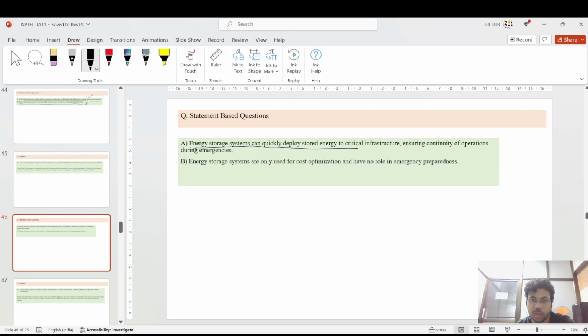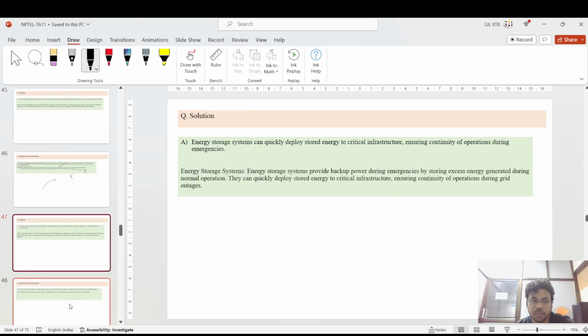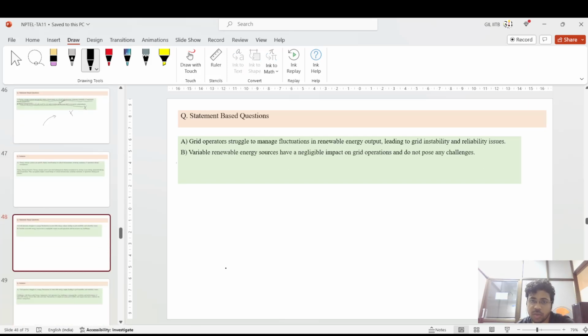Let's go to the solution. The first statement says energy storage systems can quickly deploy stored energy to critical infrastructure, ensuring continuity of operation during emergencies. That is true. The second says energy storage systems are only used for cost optimization and have no role in emergency preparedness. That is false, because in an emergency when the grid is not there, backup supply should come from the battery.